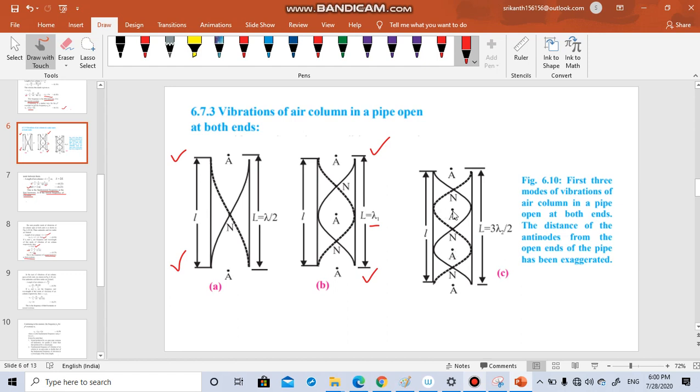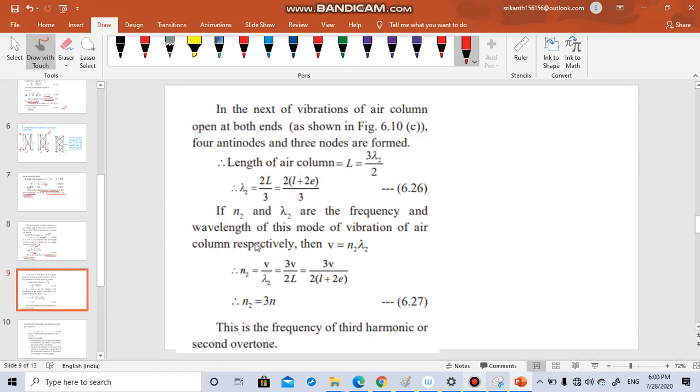So 1 full lambda and 1 half lambda. So 3 lambda 2 by 2. So L is equal to 3 lambda 2 by 2. So from here we are getting lambda 2. Once you get lambda 2, see how many end corrections? 2 end corrections.